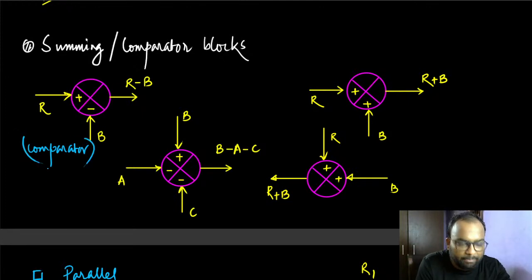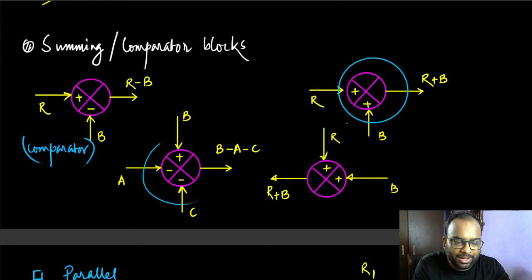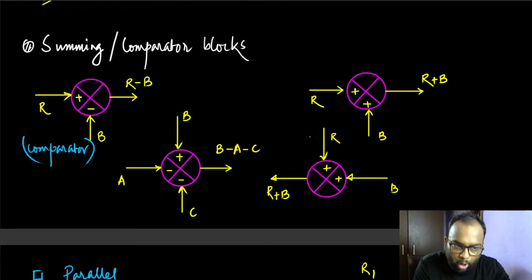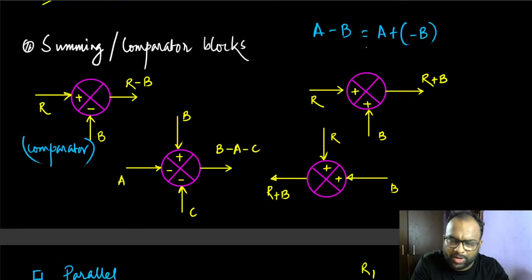But anytime we are doing anything else, like manipulating three signals, or adding two signals, in general they are summing blocks, because what is subtraction? A minus B is nothing but A plus of minus B. In general, everything boils down to addition.